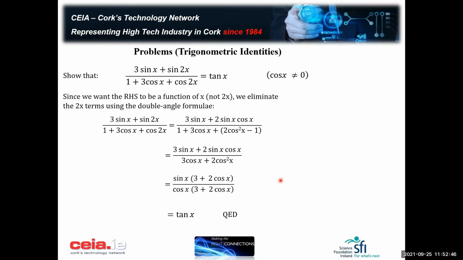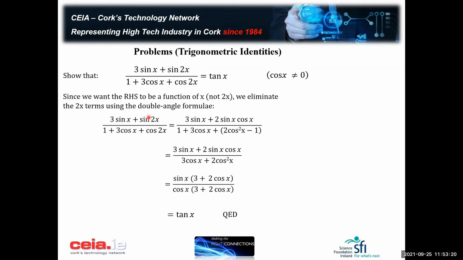Okay, here's another example of a trig identity. In this case, we're starting with something that has a mixture of single angle and double angle, top and bottom. We want to end up with a function of the single angle. So that suggests we should replace the double angles using the double angle formula with the single angle equivalents, right?